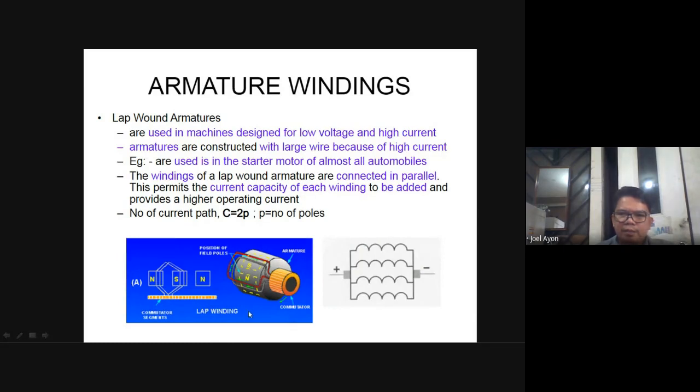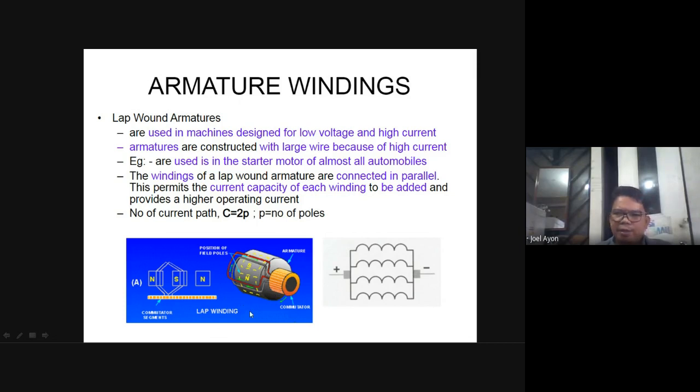By the way, class, this armature is difficult to rewind, and nobody rewinds armatures. It's almost like a disposable type. What's important here is you know the basic principle of the armature. It's very difficult to rewind because taking apart the winding will take time. Although some people do rewind it, it's rare.